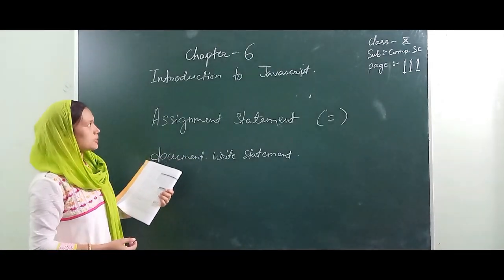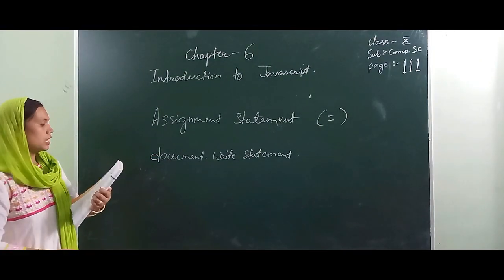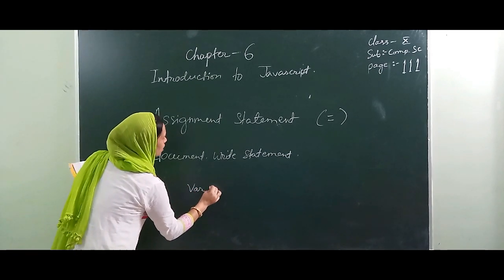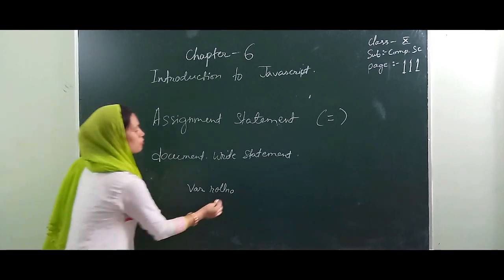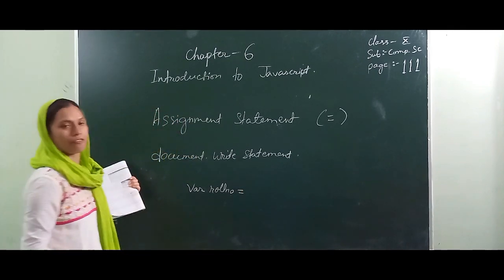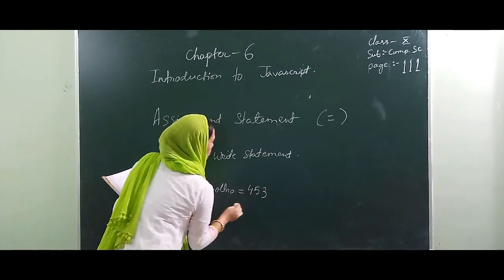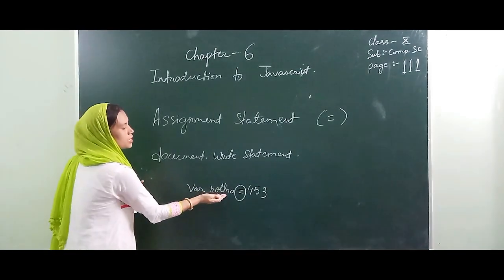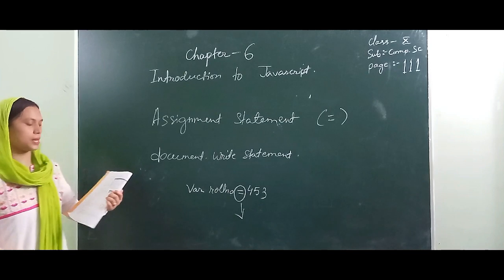Same as in C, in JavaScript also we have assignment statement, used in this manner where roll number, suppose, is a variable name and we assign a value to this variable. So this operator which is used in between the variable and the value of the variable is called assignment statement.